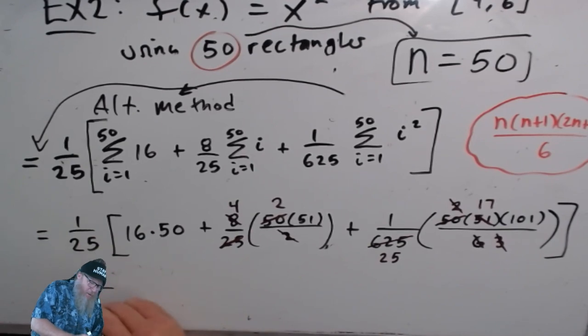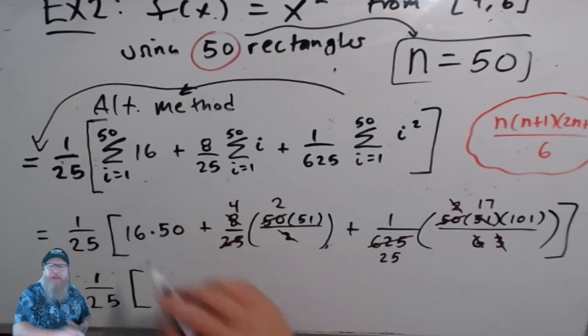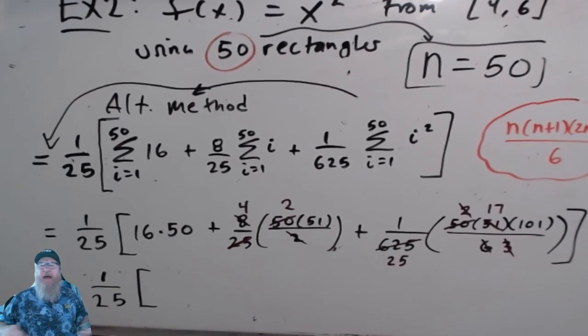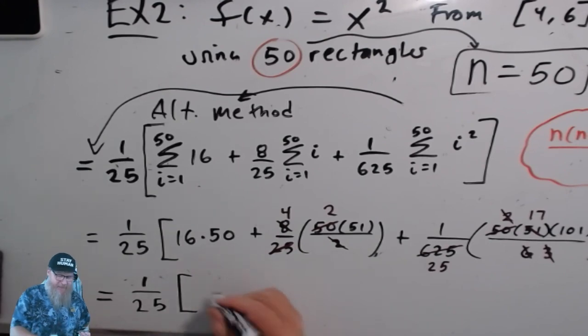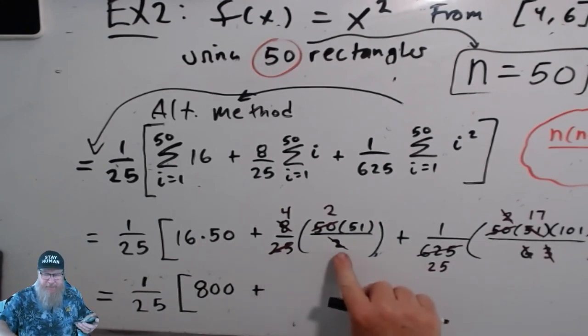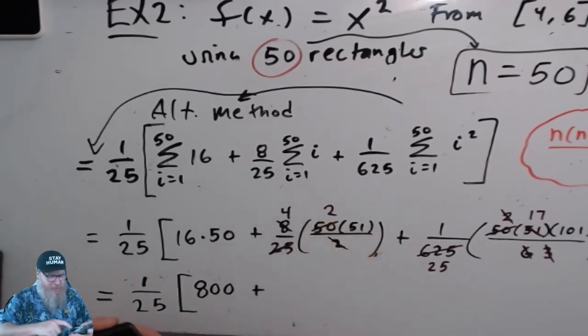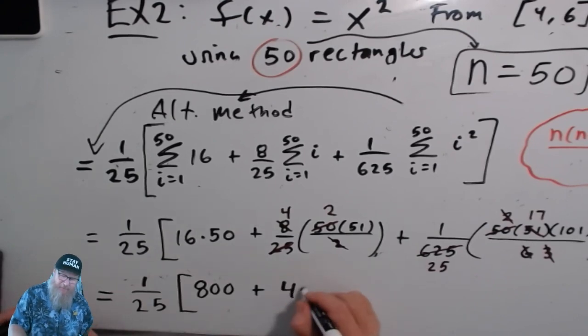So I've got 1 over 25 times, and now let's just bust out the calculator and do some math. 16 times 50, that's going to be 800. This one I got rid of all the denominators, so I've got 4 times 2 times 51 times 51, that's going to be 408.